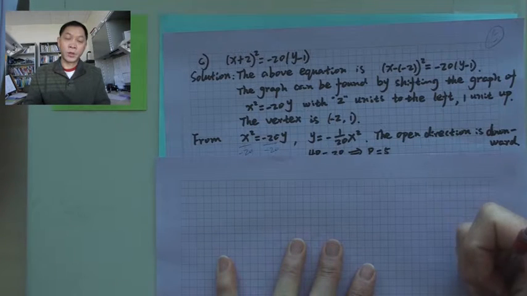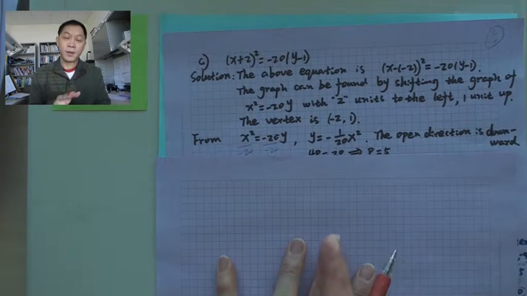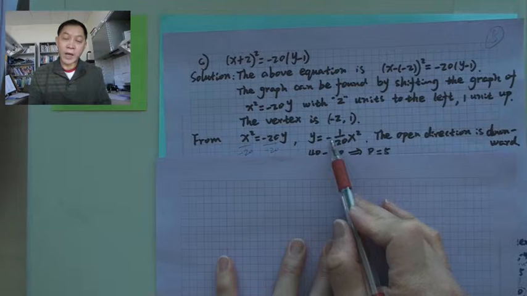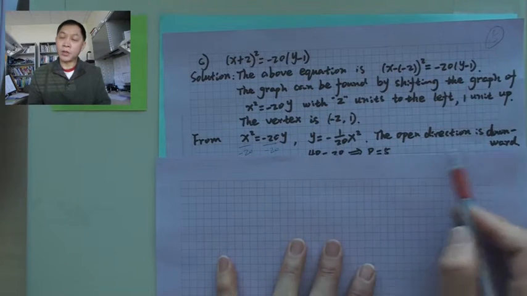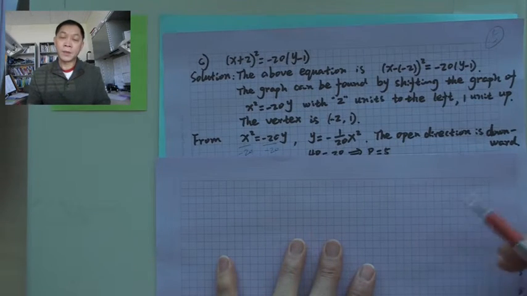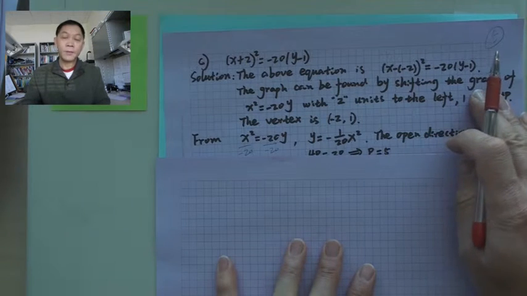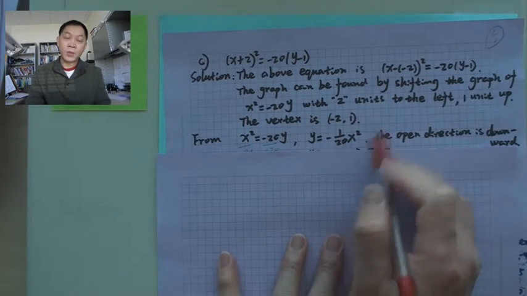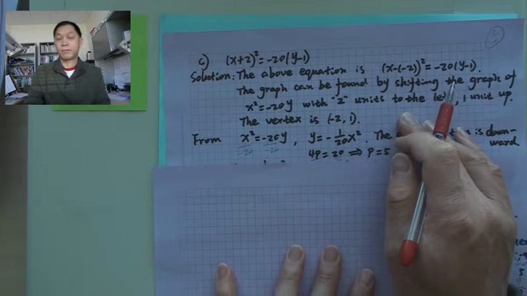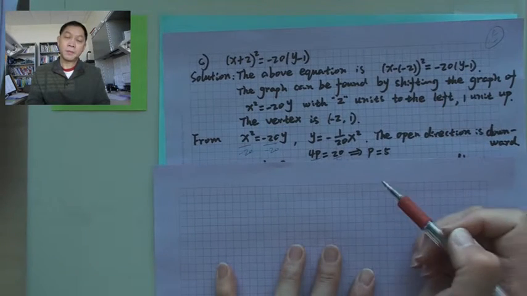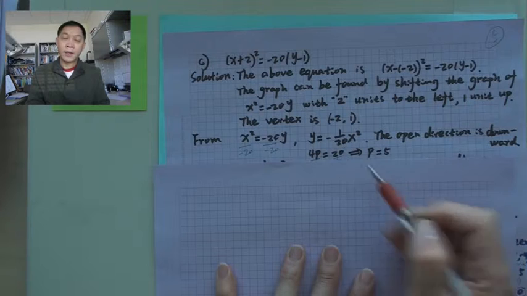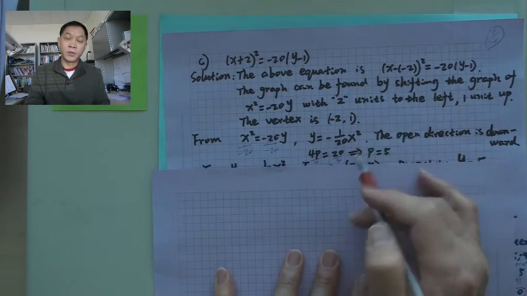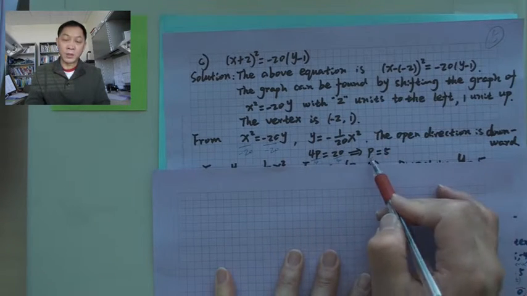Anyway, the open direction is vertical. From this negative sign, it tells us the open direction is downward. Now, the 20 downstairs has to be equal to 4p. Always remember that.